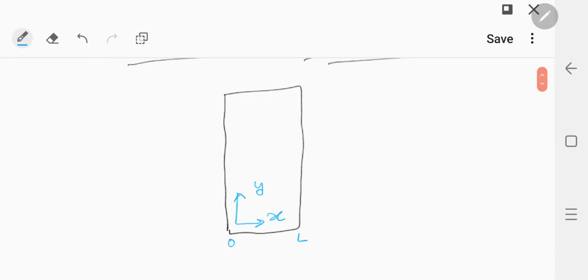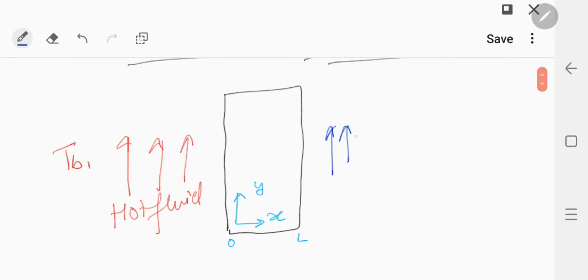And there are two different temperatures. Over here we have the hot fluid moving. Let's say the temperature of the hot fluid is TB1, and over here there is a cold fluid with the temperature TB2.